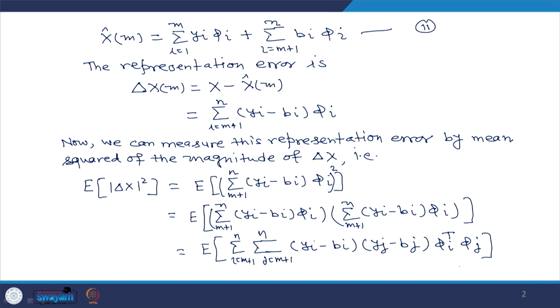So, when i is not equal to j, the dot product of these two basis elements will be 0. Otherwise, if i equals j, it will become 1. In that way we can write the mean square of the representation error as summation i equals m+1 to n of the expectation of (y_i minus b_i) squared.